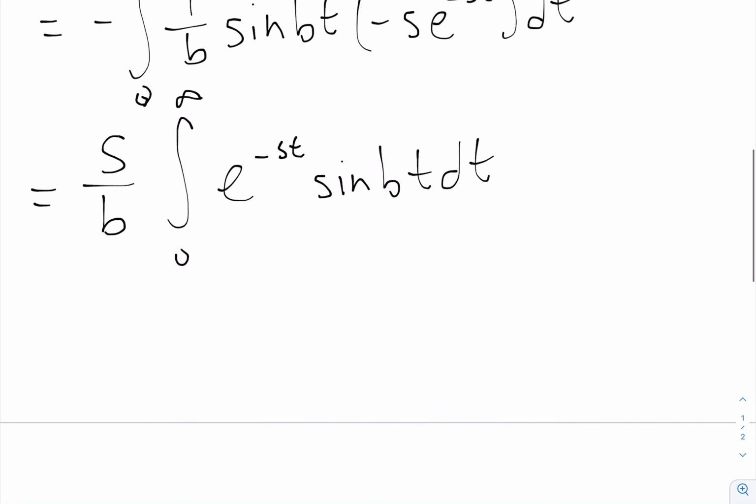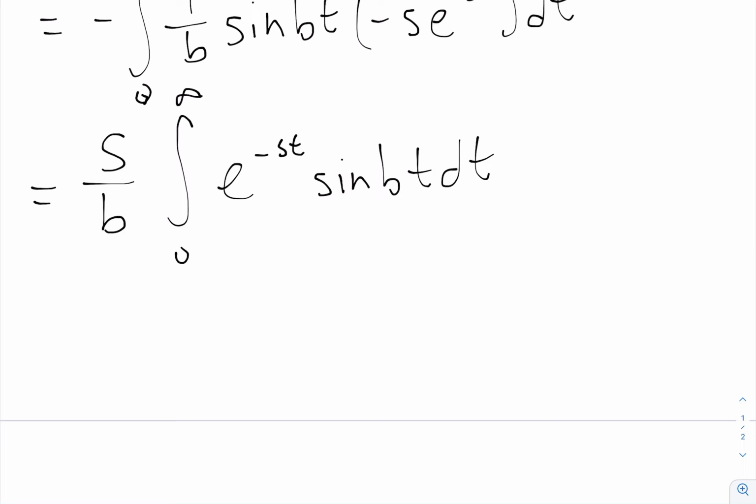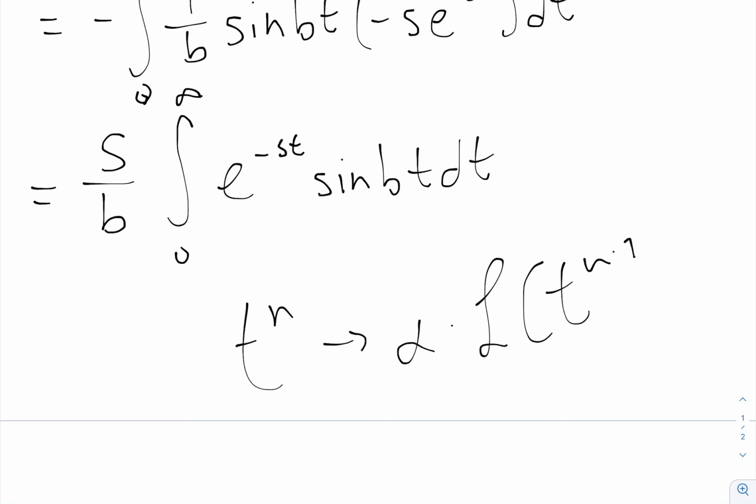At this point, what we're going to notice is, like in the last video when we took the Laplace transform of t to the n, we got some term out in front, say alpha, times the Laplace transform of t to the n minus 1. In this case it's a similar situation.